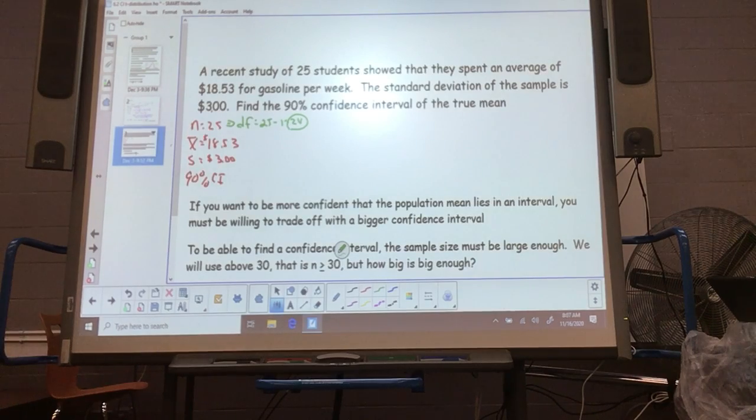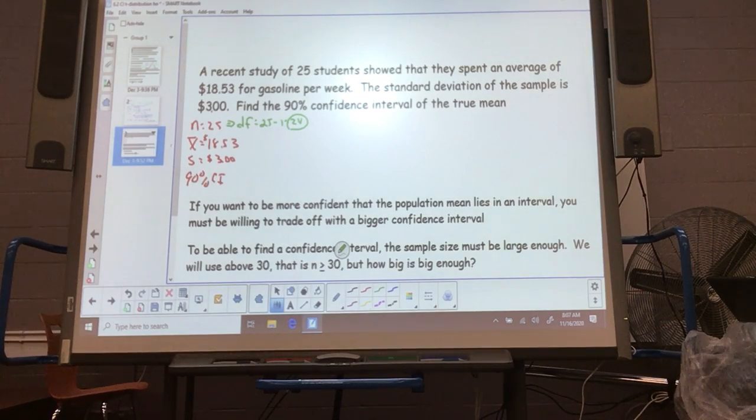So my degree of freedom is 24, so I'm going to go down my left-hand column to 24. I'm going to go over to my confidence interval of 90%. So I'm going into the 90% column, going down to the 24, finding a table value.